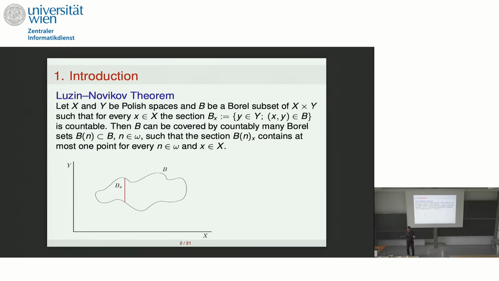So this theorem says that we can write the set B as a countable union of countable Borel graphs. In my talk, I would like to discuss whether there exists a quantitative version of this theorem. By this, I mean whether we can have a result of the following type.